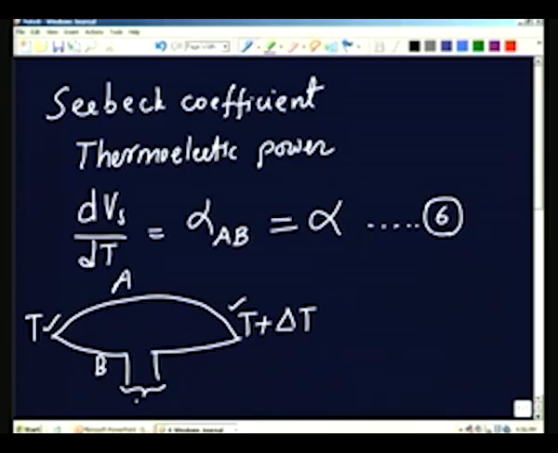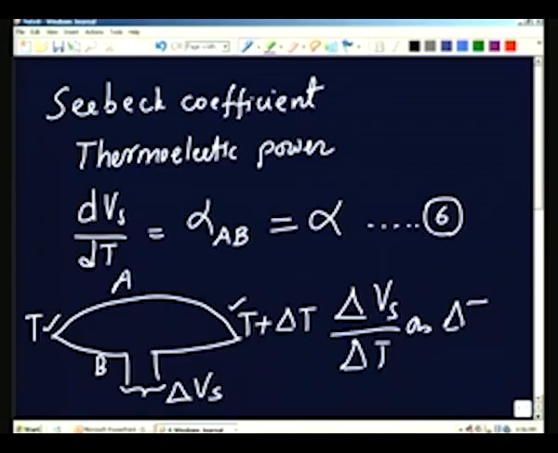The voltage which appears will be delta Vs, and the ratio of delta Vs to delta T as delta T tends to 0 is your alpha. So, we say that the Seebeck potential per unit temperature difference is nothing but your alpha. This is just a useful way of describing the Seebeck effect.